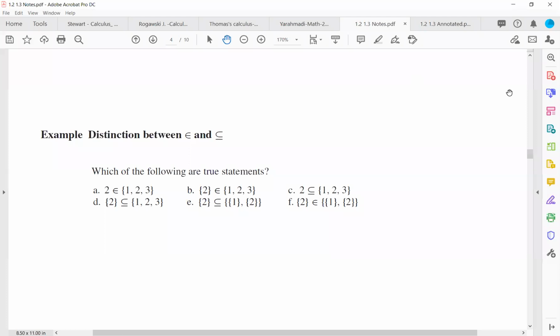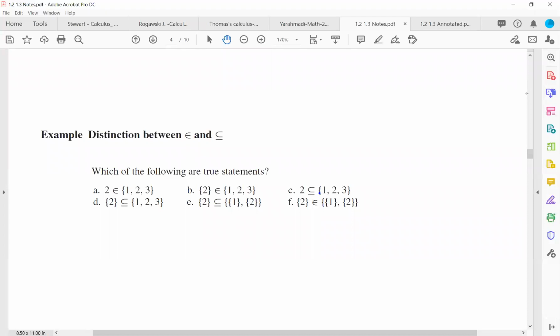Now let us talk about the symbol belongs to and the symbol is a subset. Very well. Part A says 2 belongs to the set including 1, 2, 3. B says the set including 2 is a member of a set including 1, 2, 3. C says 2 is a subset of a set including 1, 2, 3.